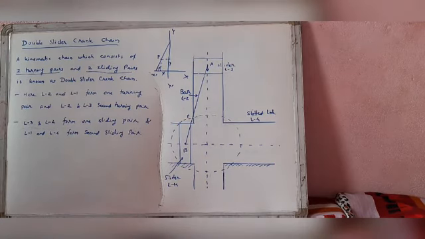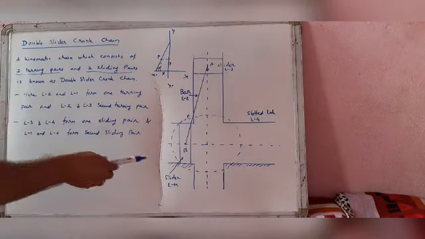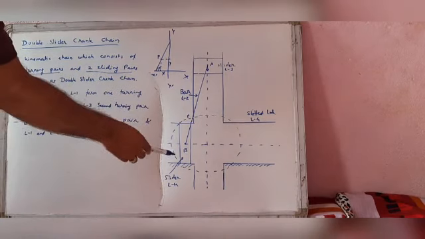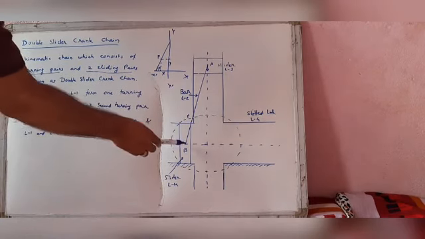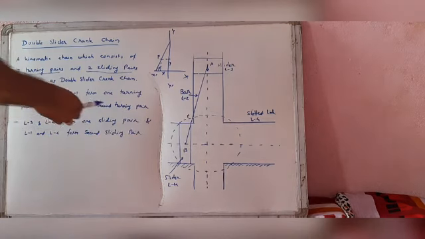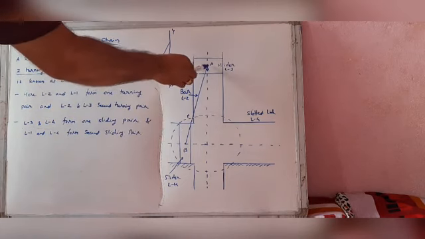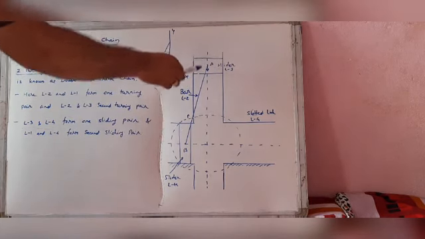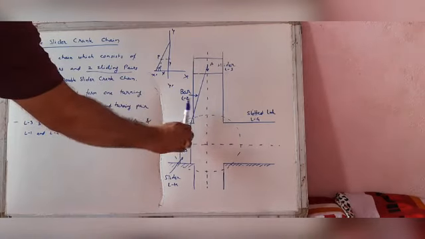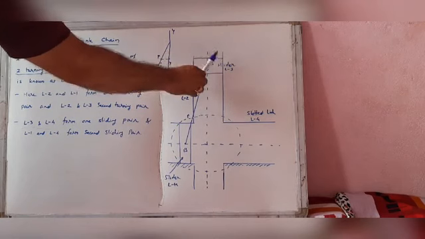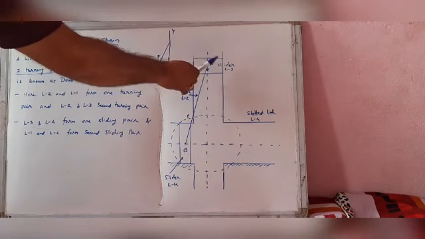Here are the two turning pairs: link 1 and link 2 form one turning pair from this point, and L2 and L3 form the second turning pair. This means this pair can be turned, and this slider and this pair can be turned.